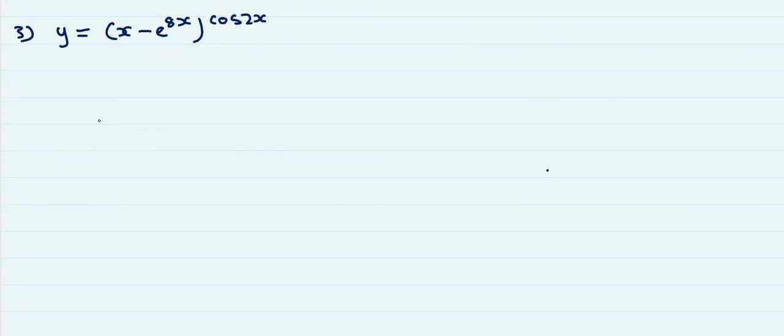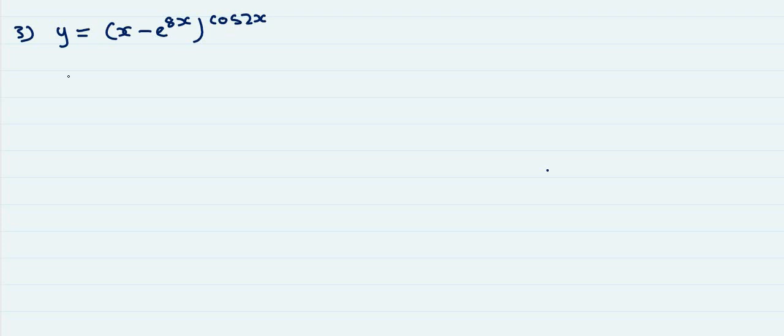The next question is number 3. Number 3 is determine dy over dx with the aid of logarithmic derivatives. So they give y equals to x minus e to exponent 8x, all raised to cos 2x.